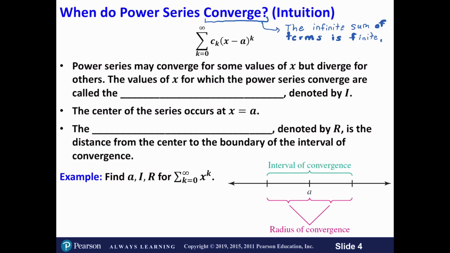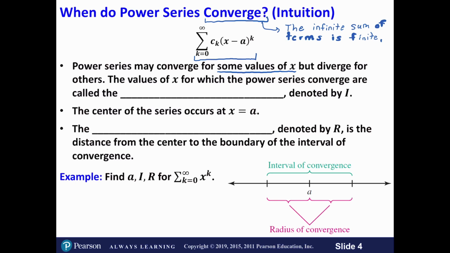So suppose that we have the object, sum from k equals 0 to infinity, of c_k times (x minus a)^k. So the idea here is that power series may converge for some values of x, but diverge for other values of x.